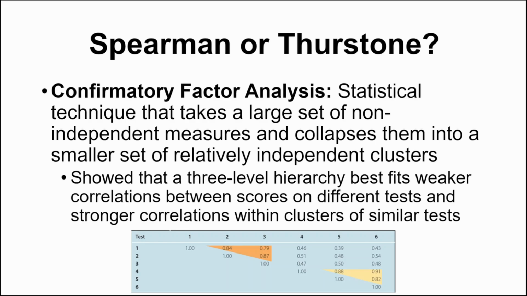Those 3 levels are general intelligence at the top, clusters or groupings of abilities and factors that explain those groups in the middle, with our specific task relevant abilities at the bottom.